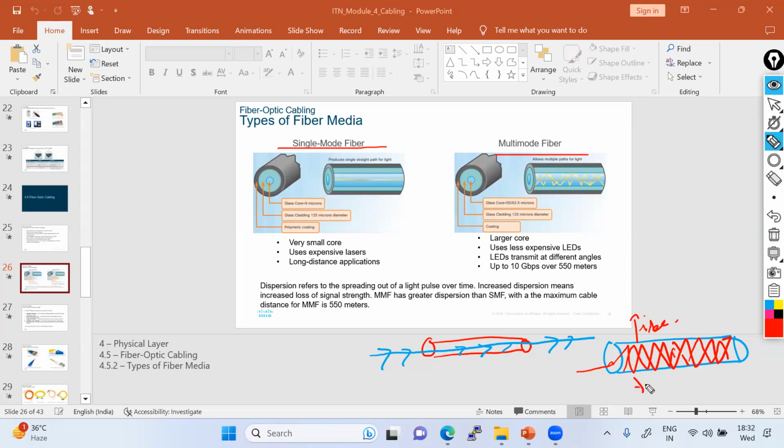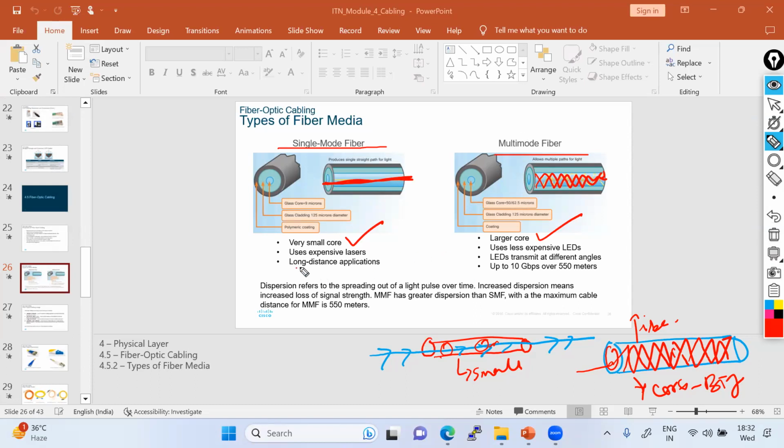Multi-mode core means the inside bandwidth is big. The single mode core means the inside capacity is small. So very small core, larger core. Due to the larger core, you can see your signal is just going up and down. But here, just one. So this is the single mode and multi-mode fiber.